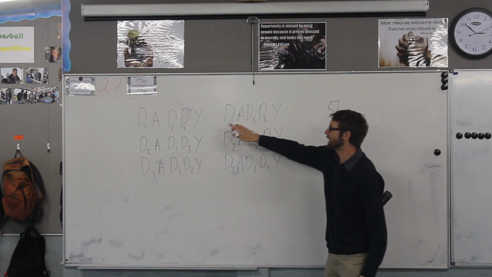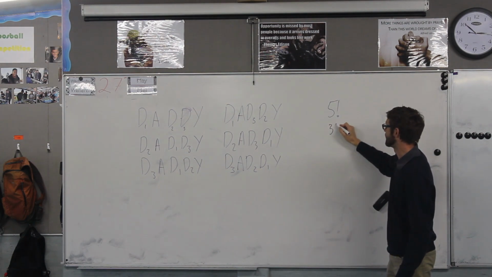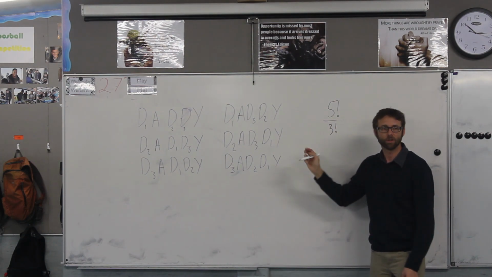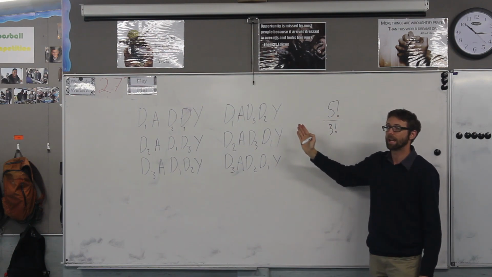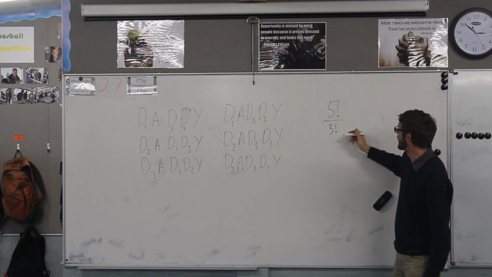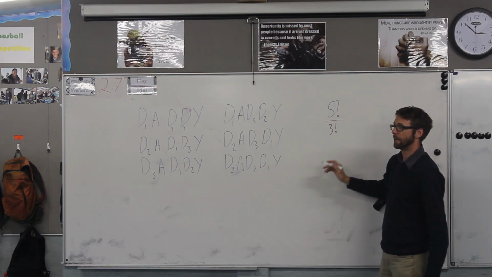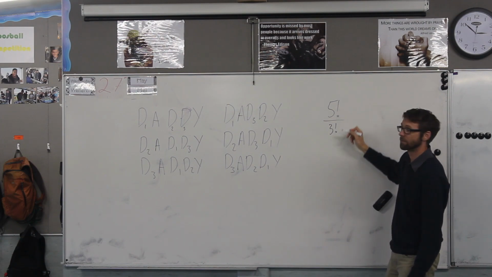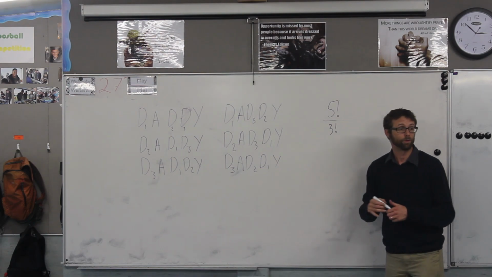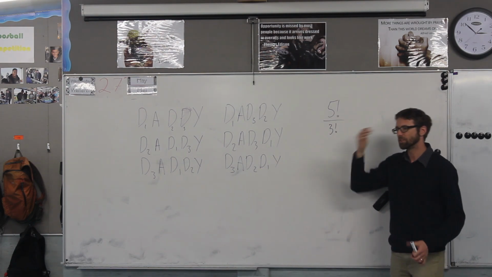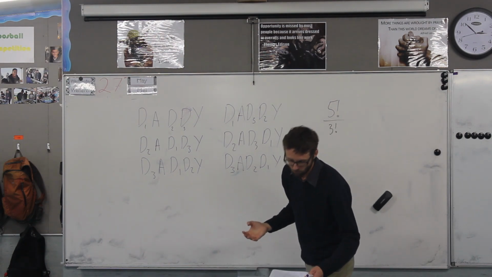So there are 3 repeated letters, and we're dividing by 3 factorial, because those letters can be rearranged in 3 factorial ways. So the total number of ways we could rearrange Daddy in a way that looks different would be 5 factorial divided by 3 factorial, which is 20. 5 times 4, right? Okay, so this is the general principle of what we're doing in exercise 6.4.